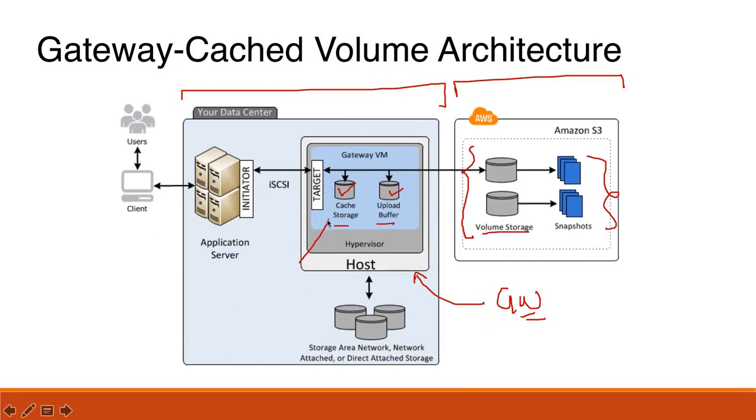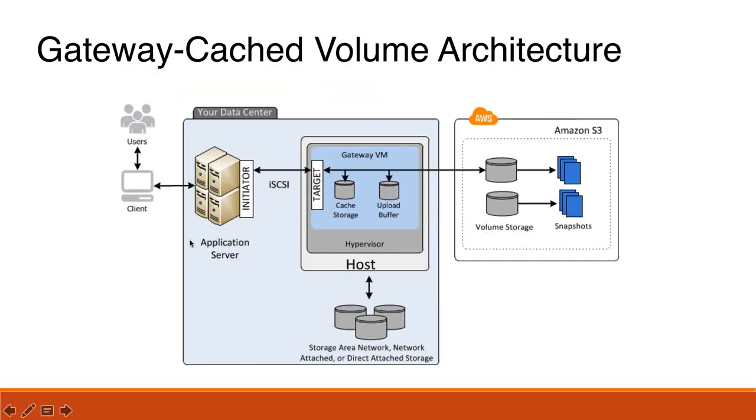The cache storage contains your frequently accessed data. Let's suppose this application server wants to retrieve data. It will look in the cache storage. If the cache storage has that frequently accessed data, it will give it back to the application server residing inside your data center.